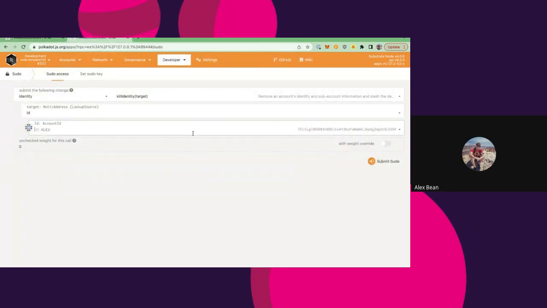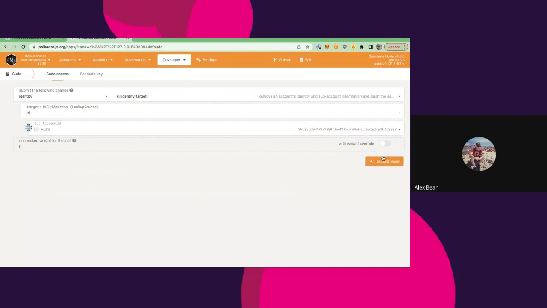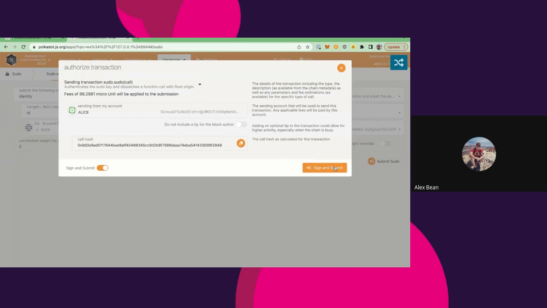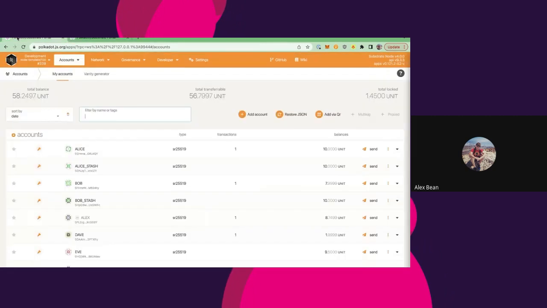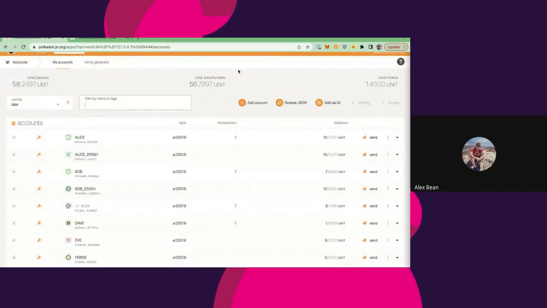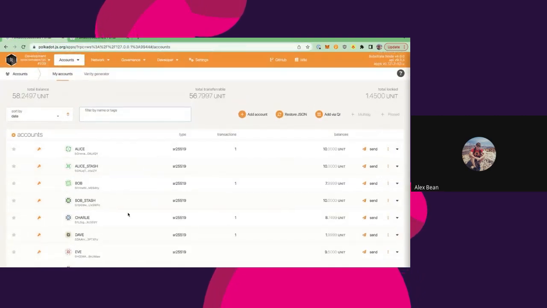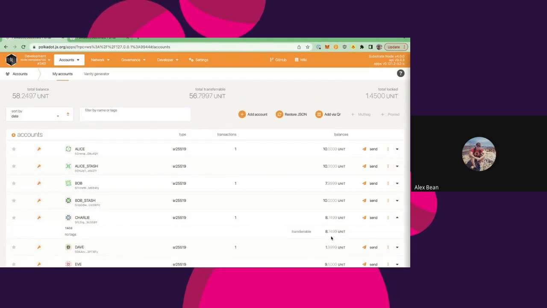So the deposit that you have already put, this 1.5 units, is going to be slashed. So we submit the sudo operation. And we can see now that it's Charlie again, it's not called Alex, and the 1.25 units that were reserved have been lost.